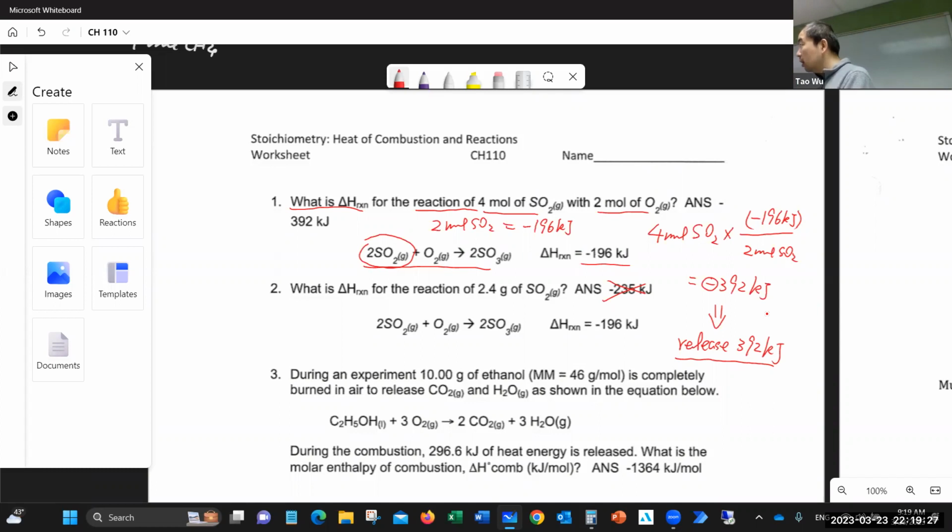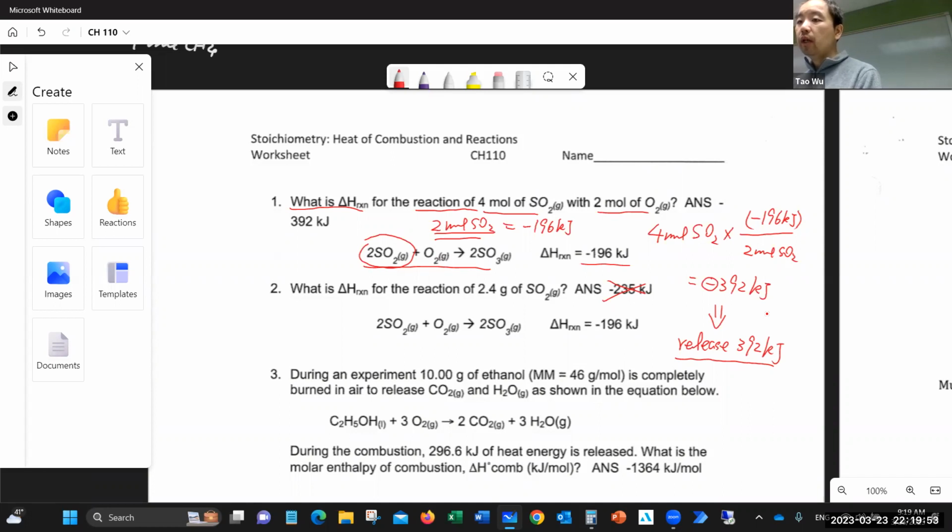First thing, you have to convert the gram to the mole. Every time here, the connection is talking about moles of something versus heat. It's not talking about gram of something versus heat, right? So you have to convert that to the mole first, instead of using gram.